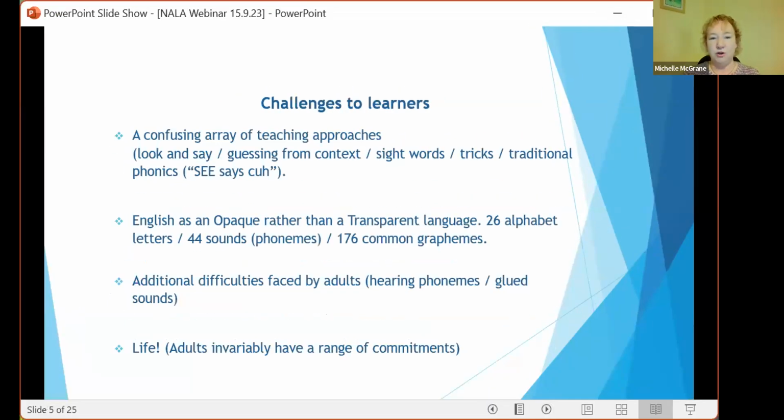Our learners are also faced with another battery of challenges. For example, they have to come into a class where they may not be working with the same teacher all the time. You might have Mary on Monday and Jane on Wednesday, and Mary might be using one particular method, while Jane might be using a different method.